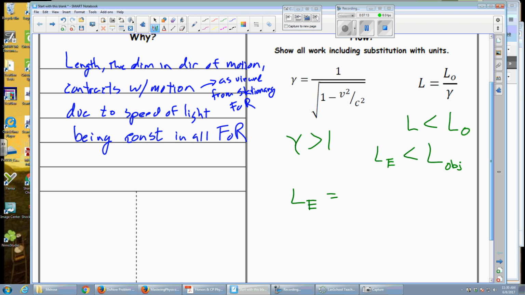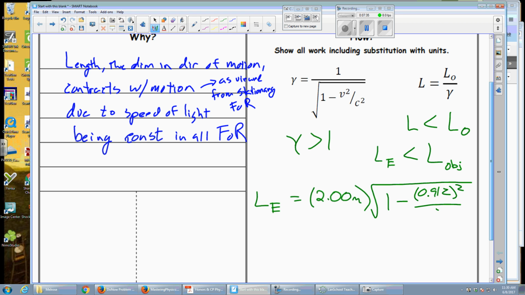I know what it started off as, 2.00 meters. So L equals 2.00 meters times the square root of 1 minus (0.91 c) squared over c squared. Solve. Get an answer. Be happy.